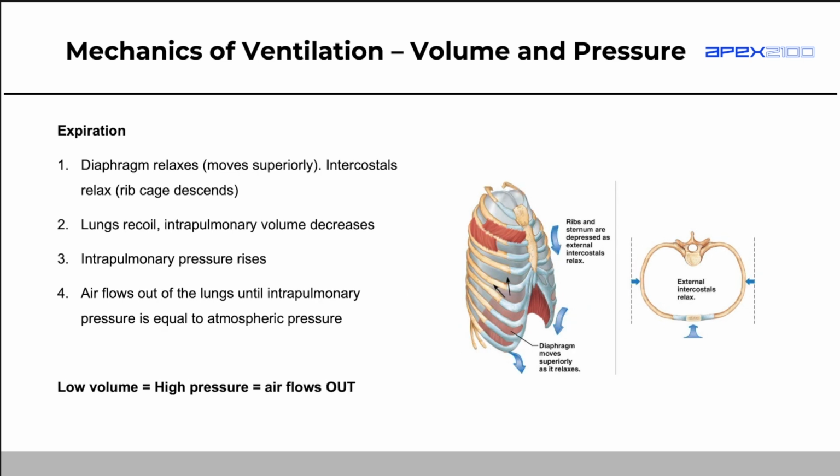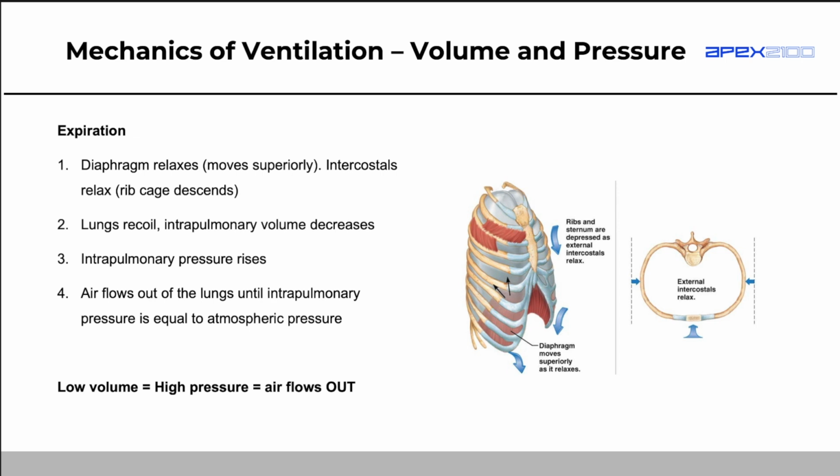And what happens on expiration is the same but opposite. So the diaphragm relaxes, it lifts upwards, it moves superiorly, and the intercostal muscles relax, and the rib cage sort of descends back to its normal position. The lungs recoil, they become smaller, so the volume of the lungs decreases, and that increases the pressure within the lungs.